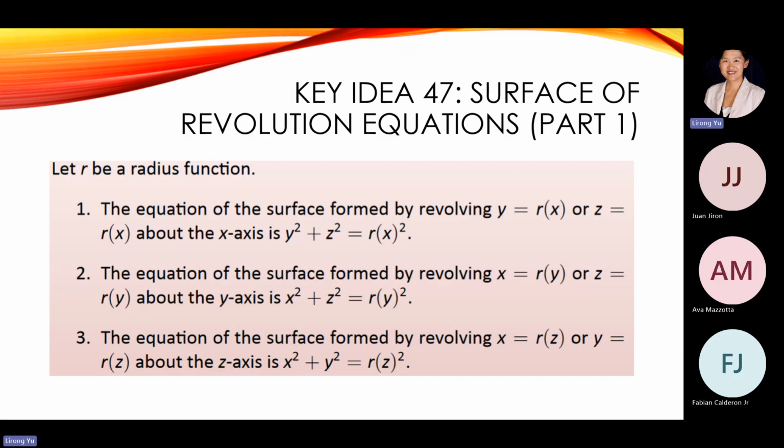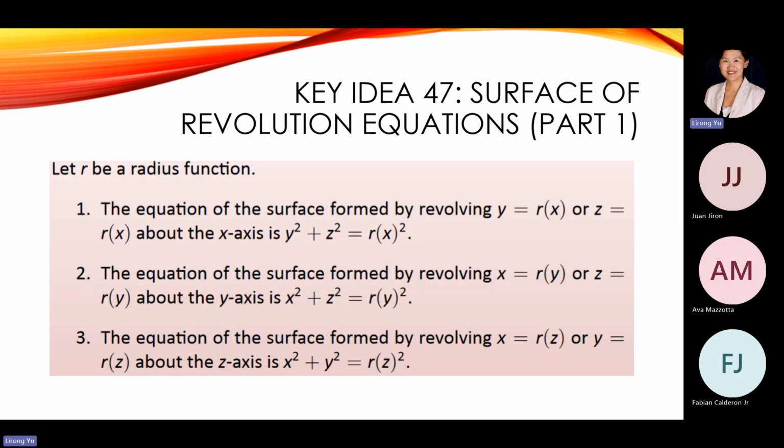If you have x equal to a formula of y, and you rotate about the y-axis, notice the y-axis is the independent variable over here. Whenever we rotate about the independent variable, in the three-dimensional case, rotating about the y-axis, the radius equals x squared plus z squared, since x and z are both perpendicular to the y-axis.